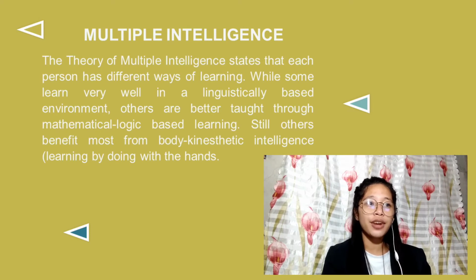While some can learn very well in a linguistically based environment, reading and writing, others are better taught through mathematical logic-based learning. Still others benefit most from body kinesthetic intelligence, or learning by doing with the hands. Each person possesses each intelligence to an extent, but there is always a primary or more dominant intelligence.